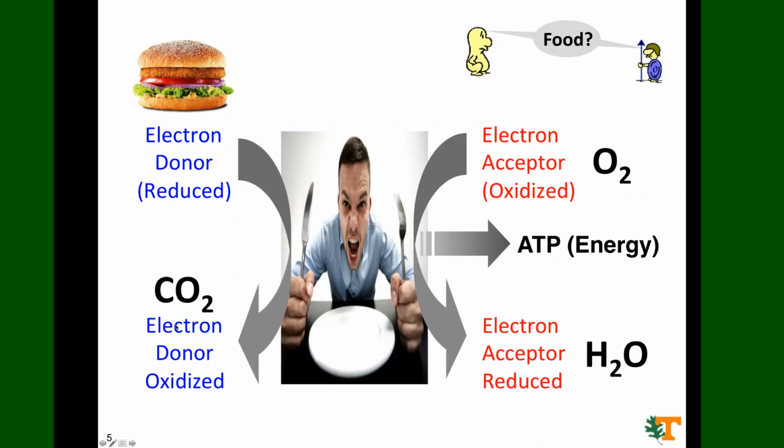So the carbon in this food is oxidized to CO2. The electron acceptor we are using is oxygen. The oxygen is reduced to water. And what our system, our cells do, they transfer the electrons that are liberated in electron donor oxidation to the electron acceptor. And in this process, we generate energy, and that sustains us.